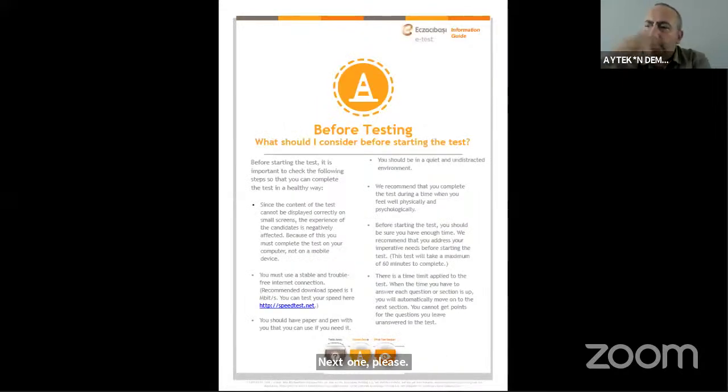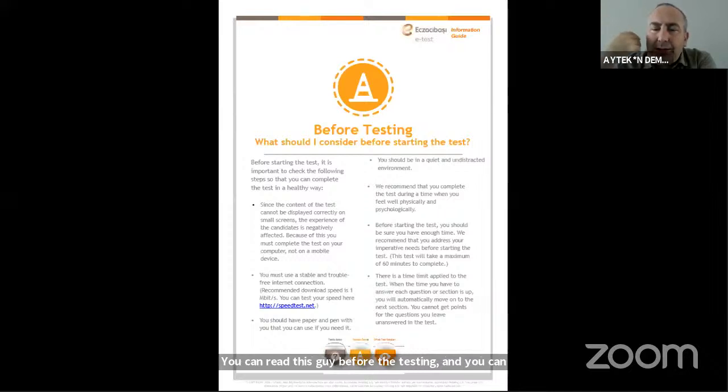If you want to take this test, you can read this guide before the testing, and you can get a sample about the test. The company gives some advice before the testing.